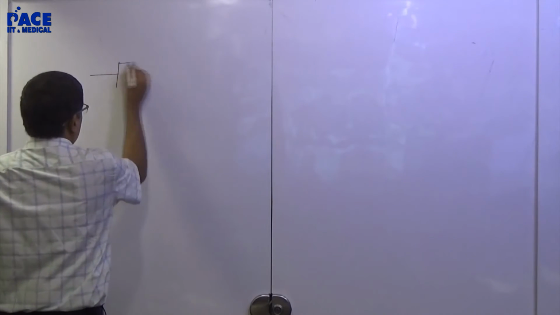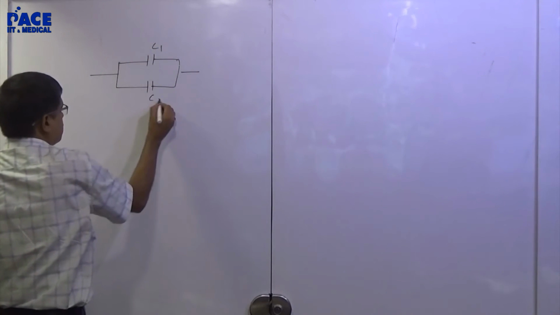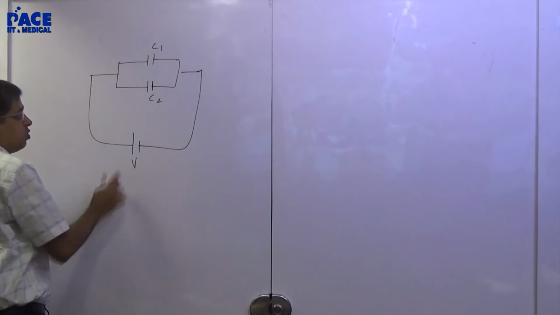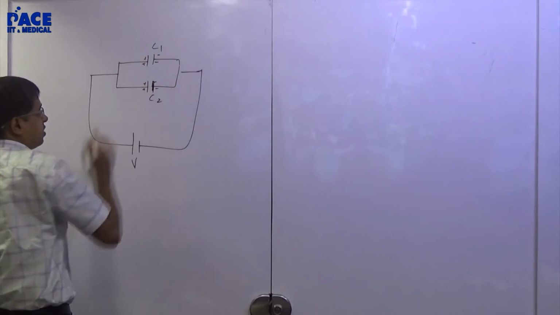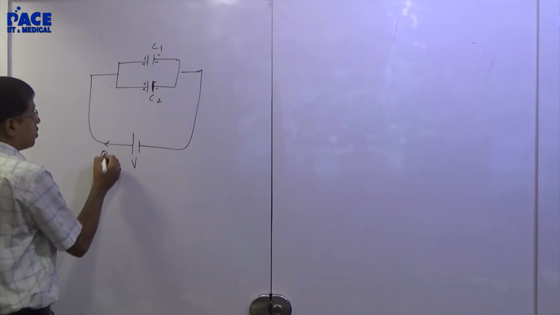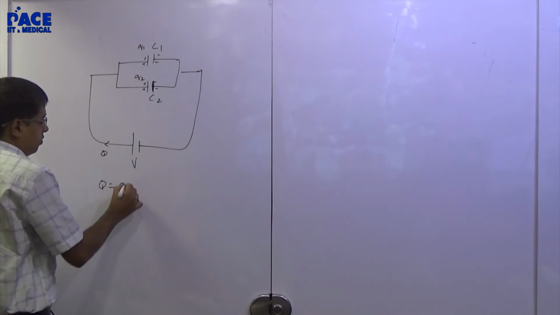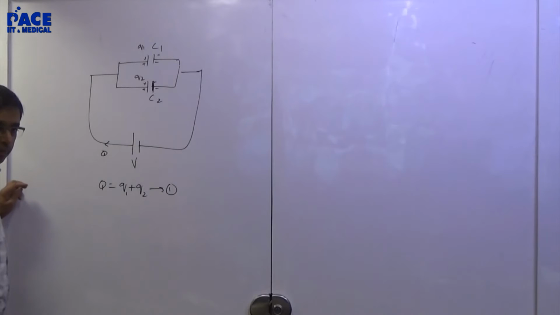Now first of all, if I have two capacitors C1 and C2 in parallel and this is V, I'll have positive and negative charge, right? Now if this is Q, this will be Q1, this will be Q2. Q is equal to Q1 plus Q2, first equation.